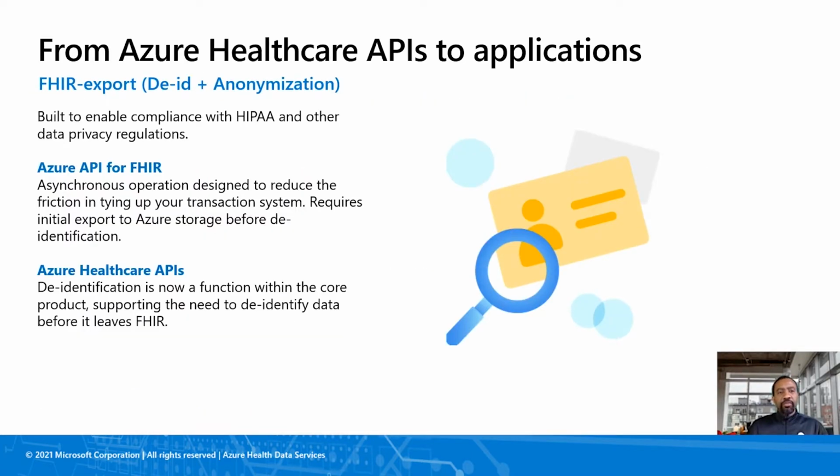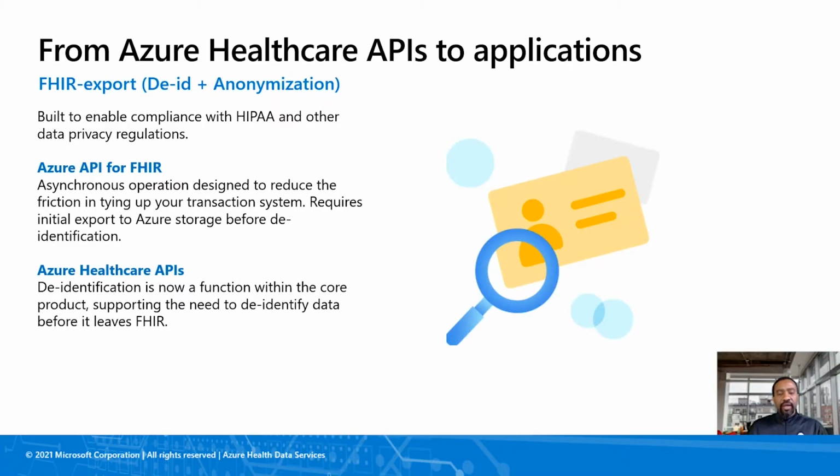Another capability that's built into the Azure Healthcare APIs is the ability to export data from the FHIR store. Many customers want to actually export anonymized data such that this way they can pass it off to data scientists and perform additional analytics and machine learning operations.